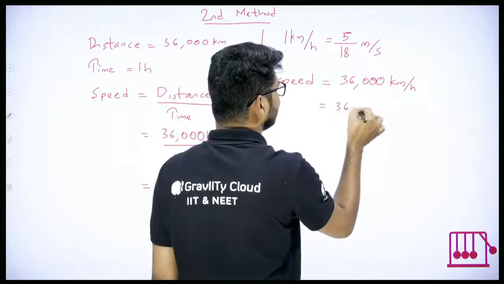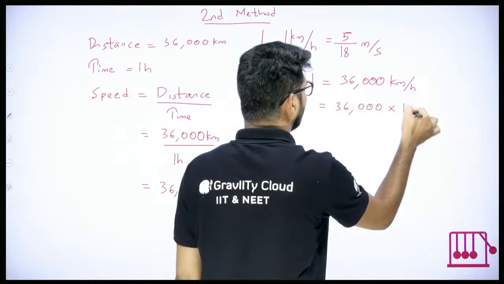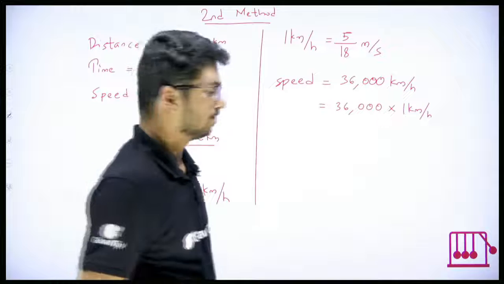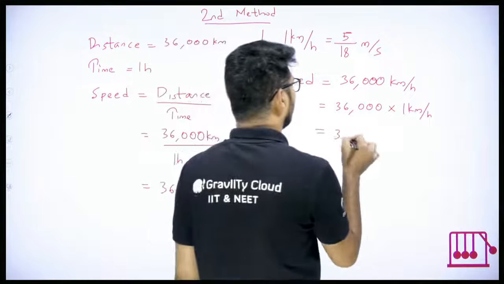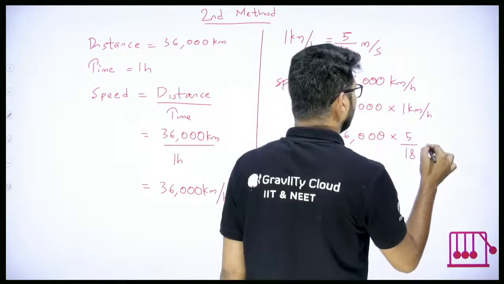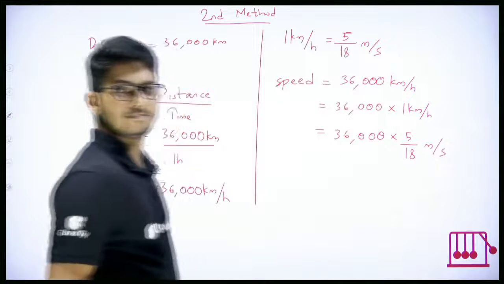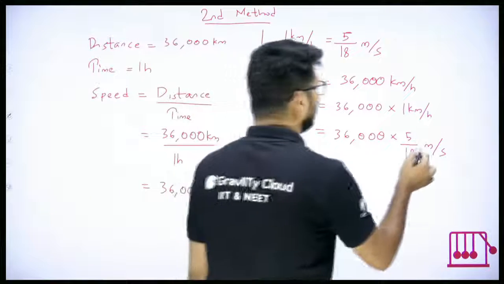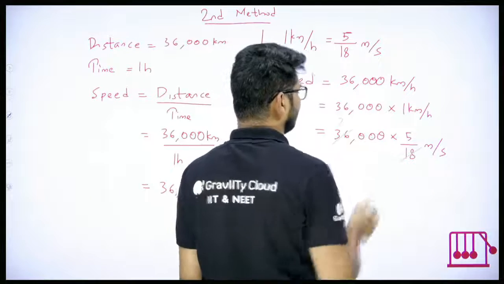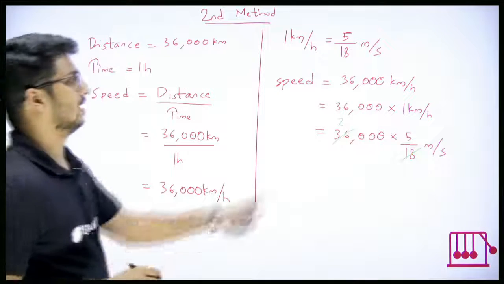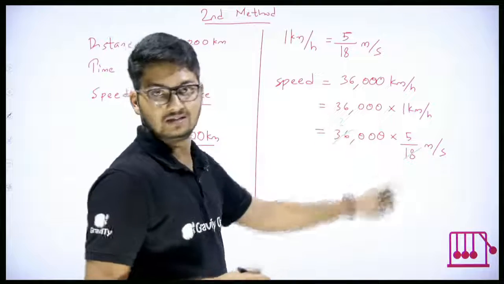Now I can write this as 36,000 into 1 kilometer per hour. What is 1 kilometer per hour? It is equal to 5 by 18 meter per second. Then, if I do the calculation, 18 into 2 is 36. Then what is remaining? 2 and 3 zeros.